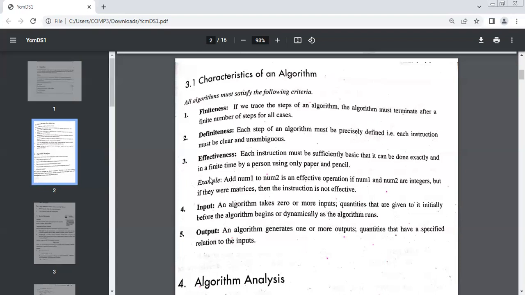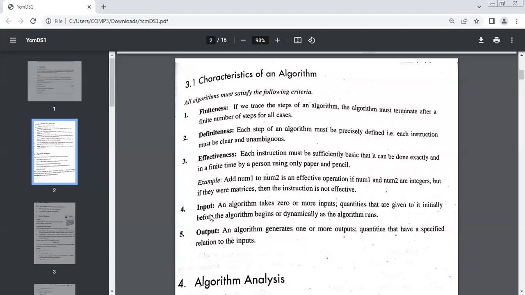What is an example of effectiveness? If we add two numbers, add number 1 to number 2 is an effective operation if number 1 and number 2 are integers. But what happens if number 1 is an integer and number 2 is a string? Then this is not an effective instruction. So effectiveness is another characteristic of an algorithm.